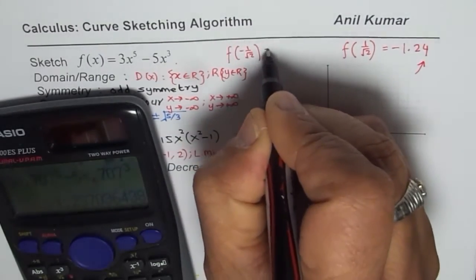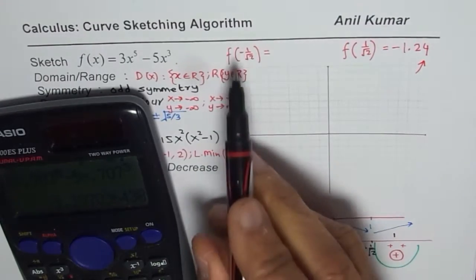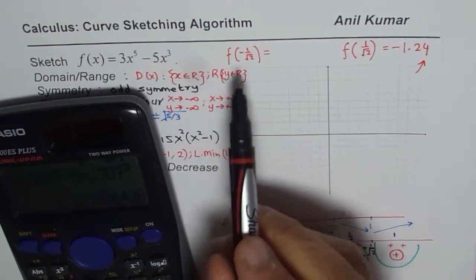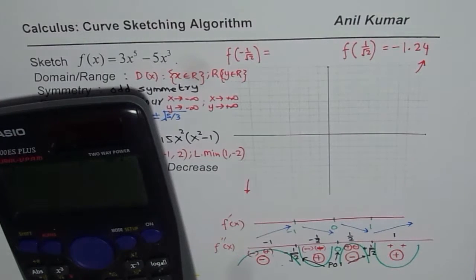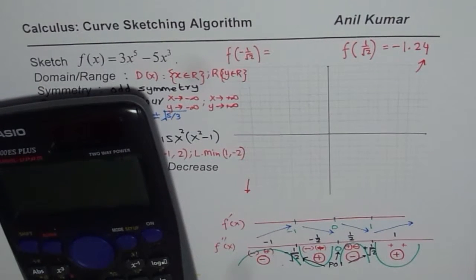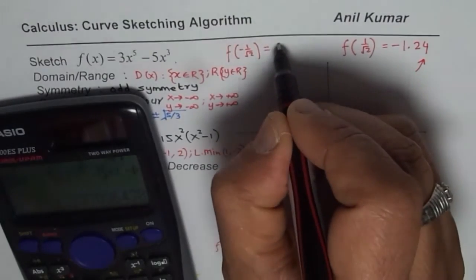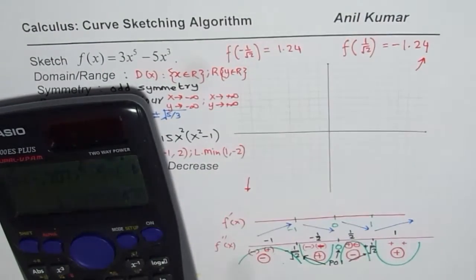Okay. Now if I calculate the same value here at minus 0.707, let us do this also. So we get 3 times, within brackets, minus 0.707 to the power of 5 minus 5 times, within brackets, minus 0.707 to the power of 3, is equal to, we get the value as 1.24.